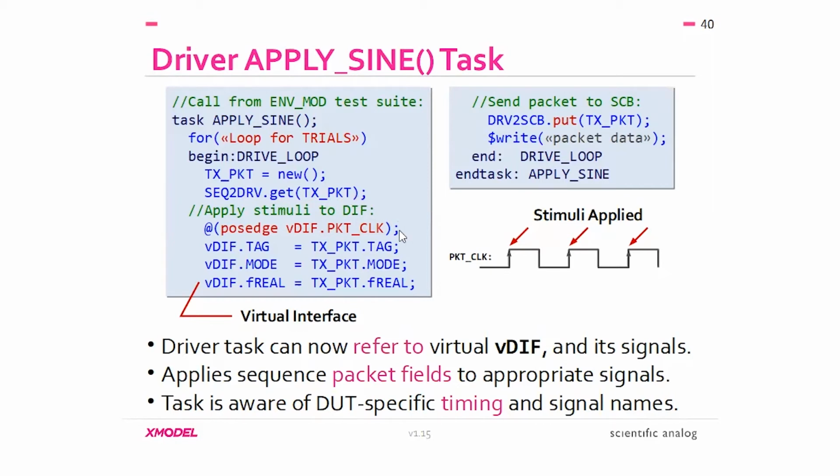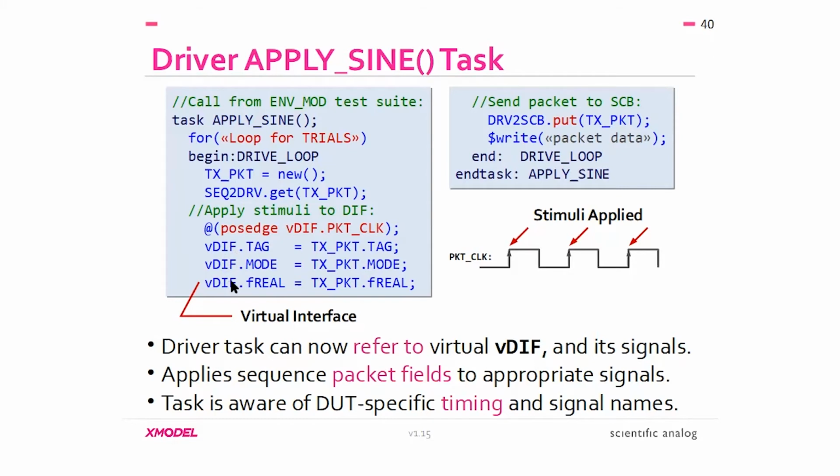The driver must be aware of DUT-level timing details. We've chosen to apply new stimulus at the very beginning of each new clock cycle on the rising edges of packet clock. So here you see at that point in time, we're applying each field of the packet to the corresponding signal bundled into the virtual interface bus vdiff.